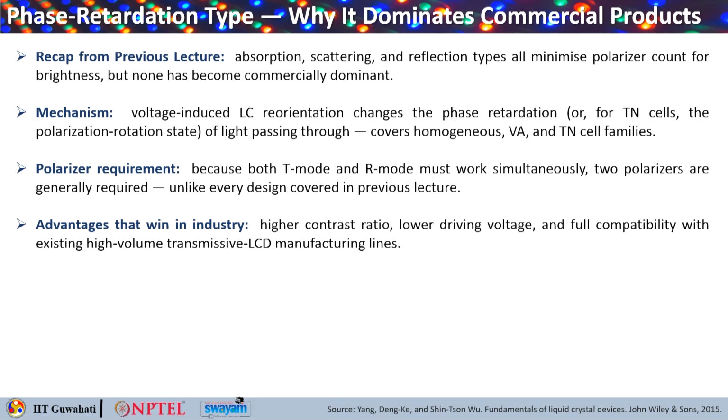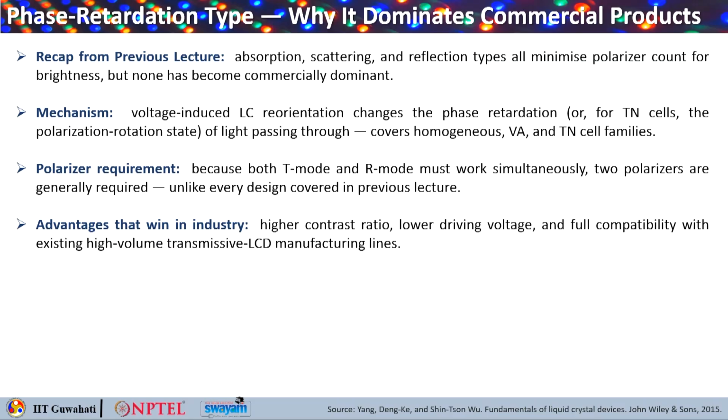So two polarizers are generally needed so that both the transmissive path, that is through the backlight, and the reflective path, that means your ambient light getting bounced off the transreflector, can each be properly analyzed and switched.